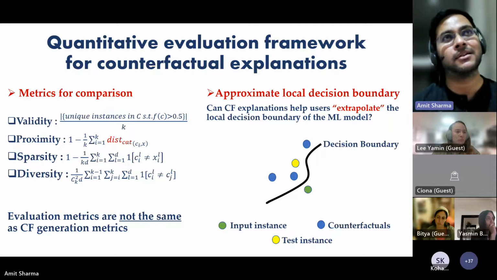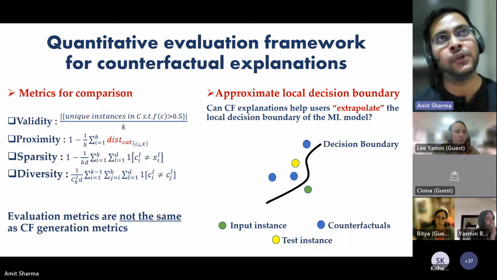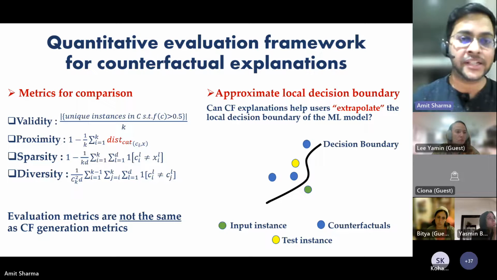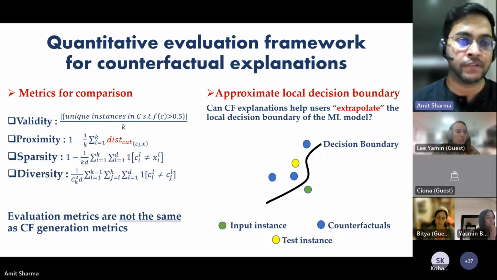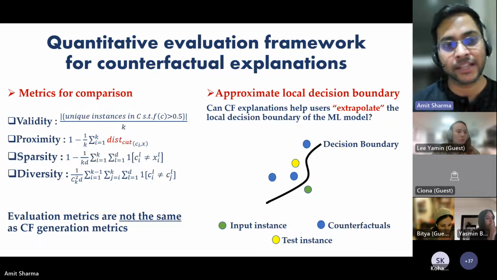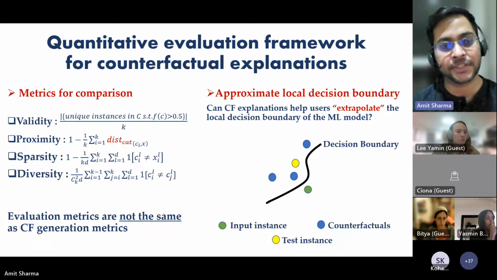So think of these as sanity checks, right? We just want to propose some really basic metrics that any good method should satisfy. And we hope that by doing that, at least we can bring in some amount of basic quantitative metrics that people can evaluate methods on. So here's what we thought about, right? Simple things like validity, proximity, diversity, and sparsity.